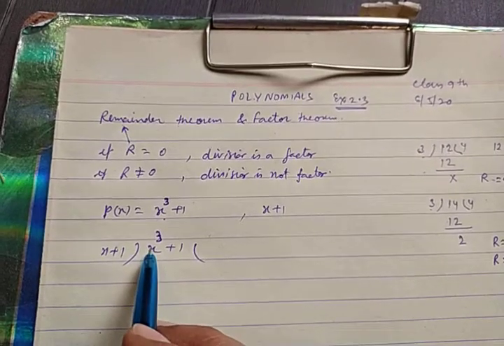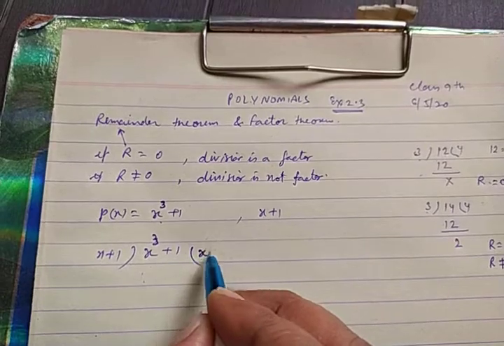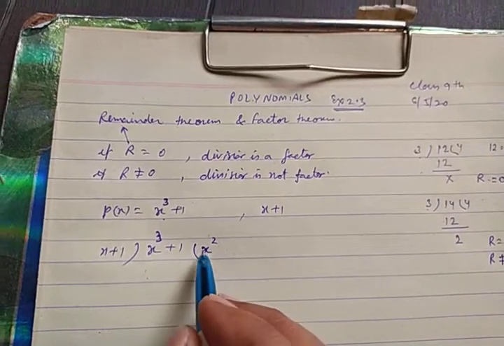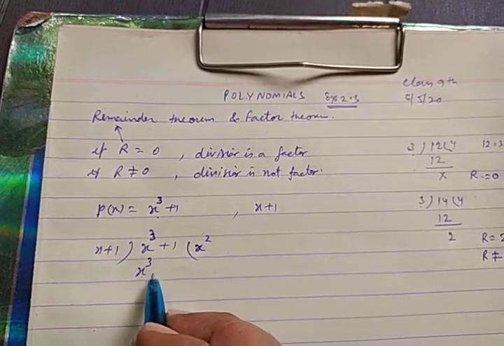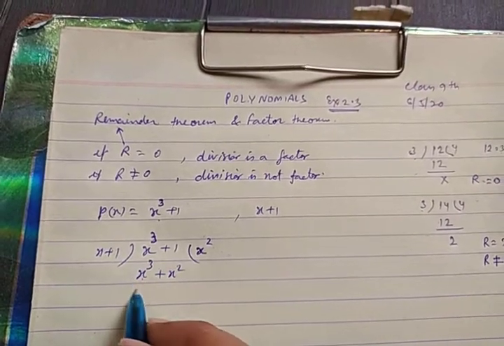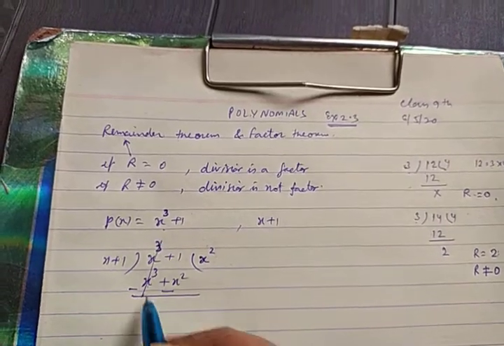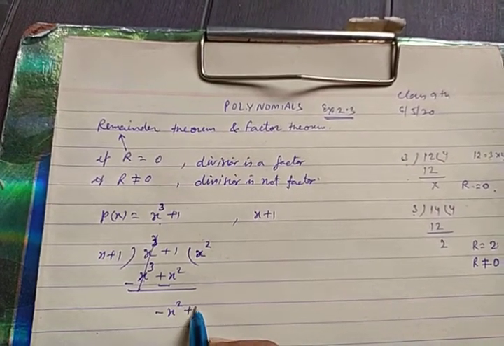Two powers are less, so you will have to multiply it by x square. When you multiply by x square, x square into x will give you x power 3 plus x square. Now the subtraction step: change the sign, this will be cancelled. What you are getting is minus x square plus 1.